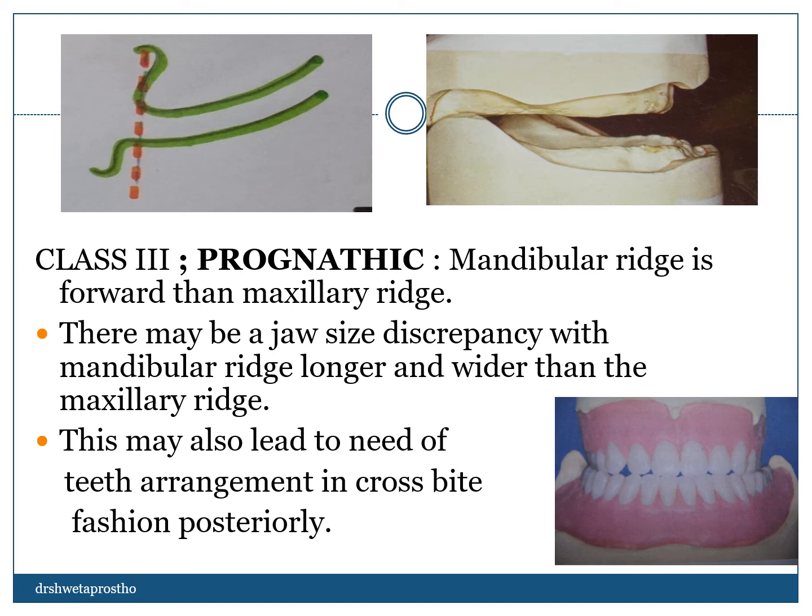I again repeat, pseudo or false class 3 should be ruled out due to overclosure. This is one of the multiple choice questions also asked. Teeth arrangement is done edge to edge anteriorly and cross bite posteriorly, depending on the ridge relation.